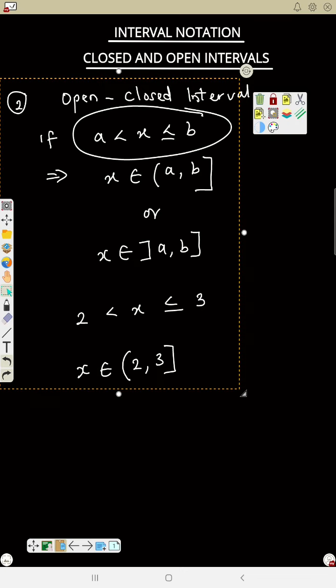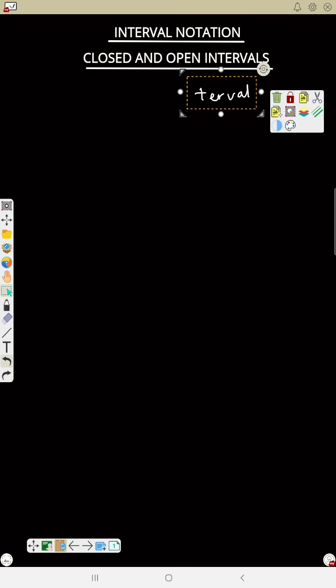This one is an open and closed interval. Then there is the closed and open interval, and the closed interval.